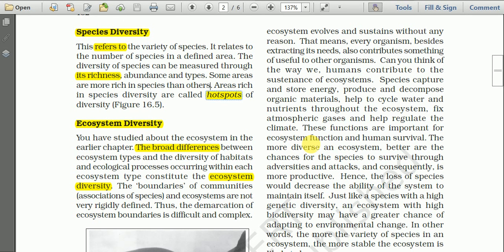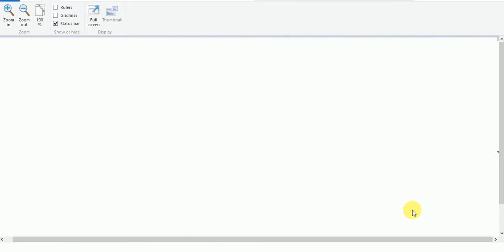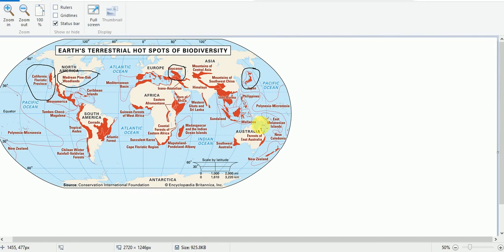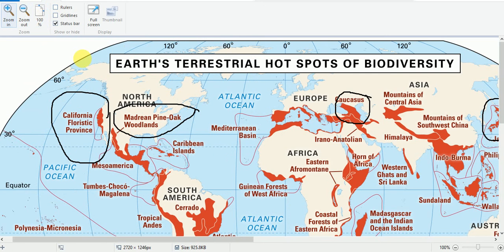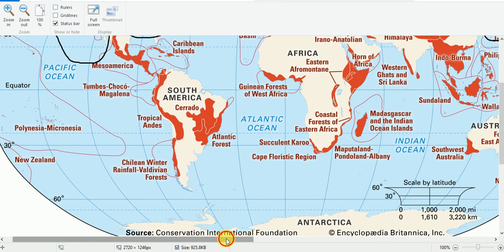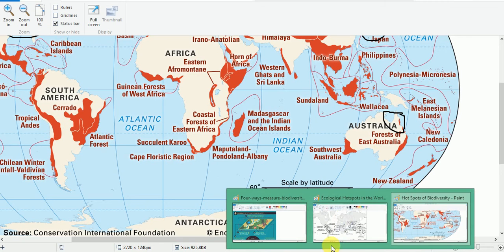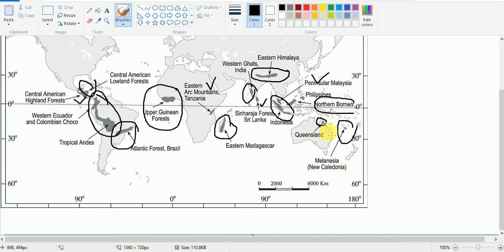A coral reef of northern Australia may have 500 species of fish. Just see the map, just see here in this area, northern Australia. Or we may see another map also. Just see here, Queensland area.